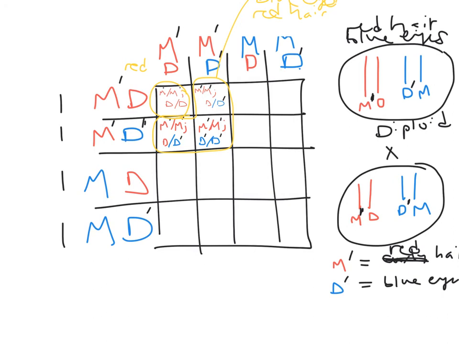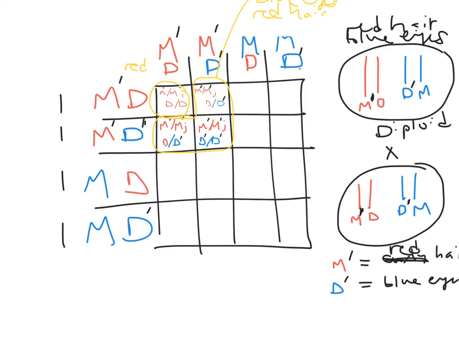Red M with the blue D. Here? Wait, let's see. The red M is only going to be in the top 2 rows, and the blue D is only going to be in the last column. Well, we've filled out this column, but here too then, or no?